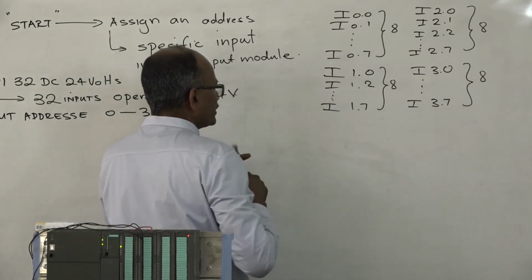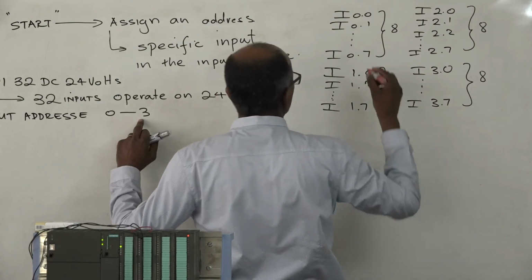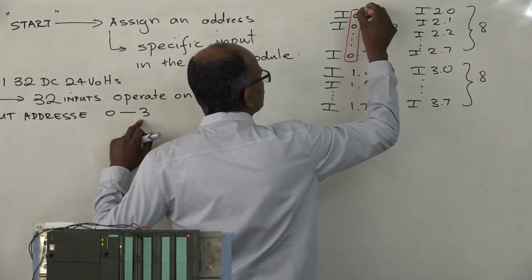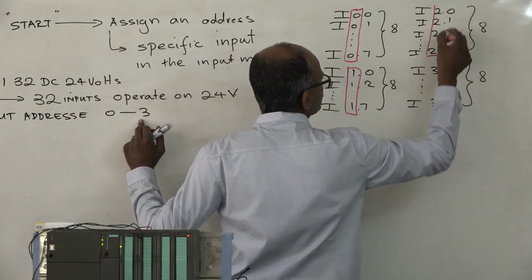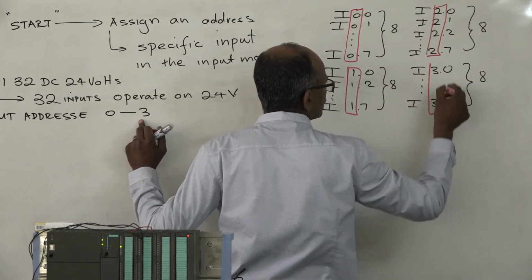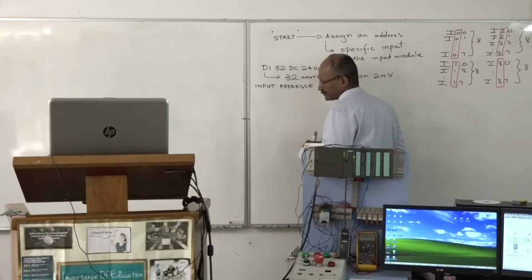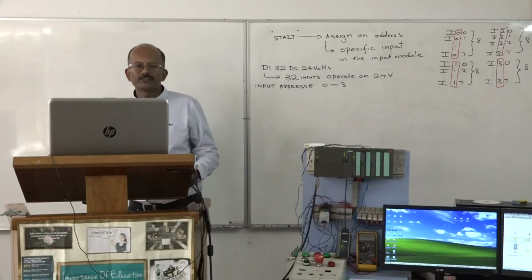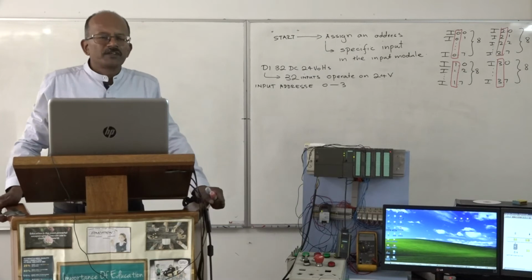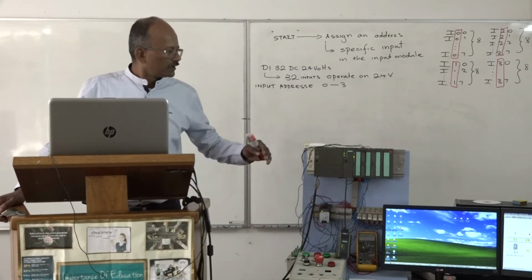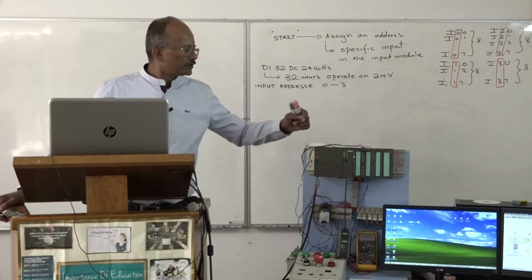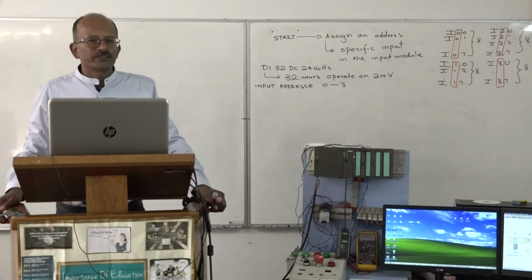And you can see here where the 0 to 3 comes in. Those are all 0, those are all 1, those 8 are 2, and those 8 are 3. You could obviously change those addresses when you are configuring your PLC, but for now we are not going to do that. I just need to explain to you the 32 input addresses.